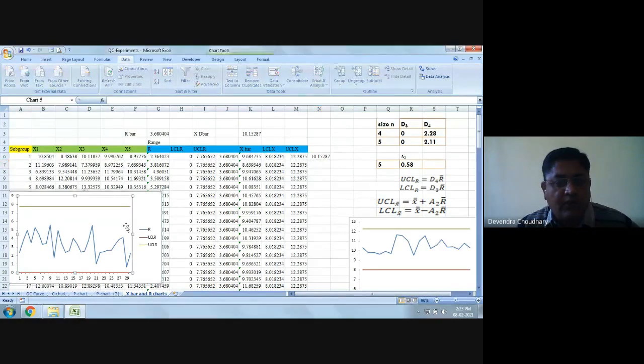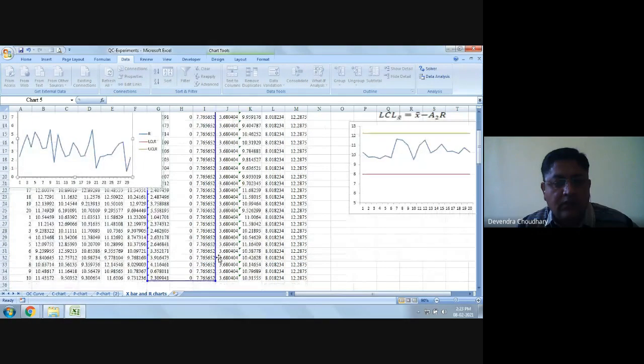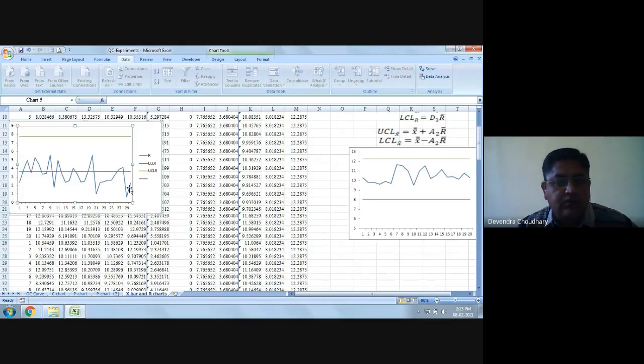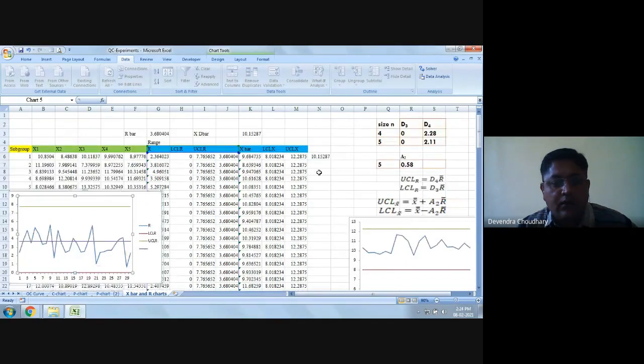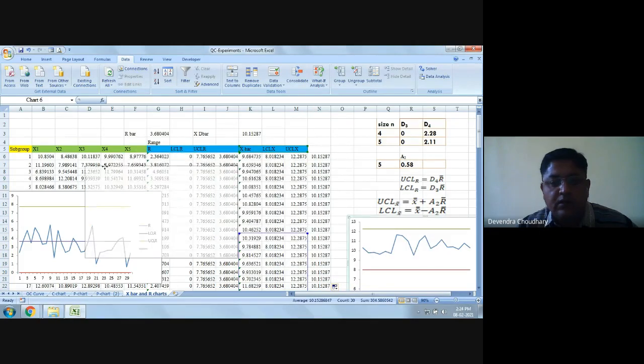Now, when I plot this chart, I make this, or you can see how I can increase this. Okay. So now you see this R bar value. Okay. And here again I plot this value and I insert this chart.